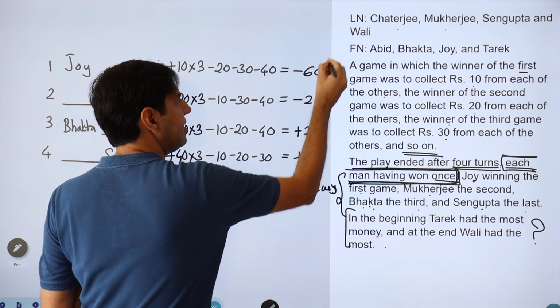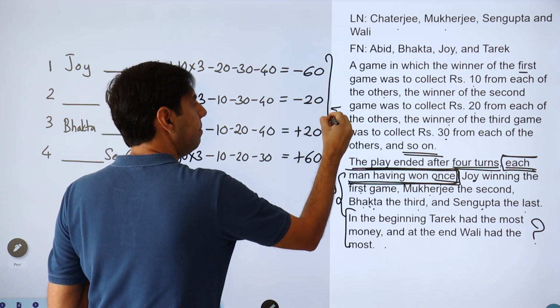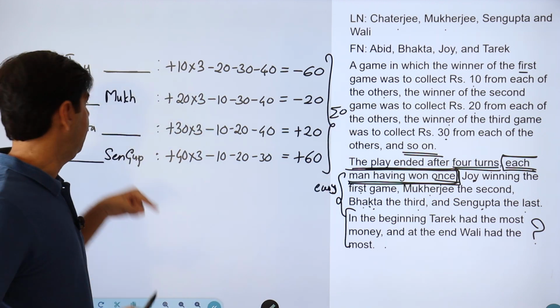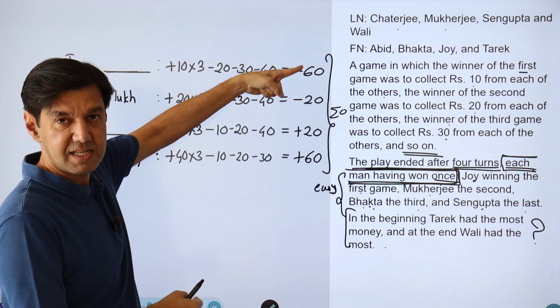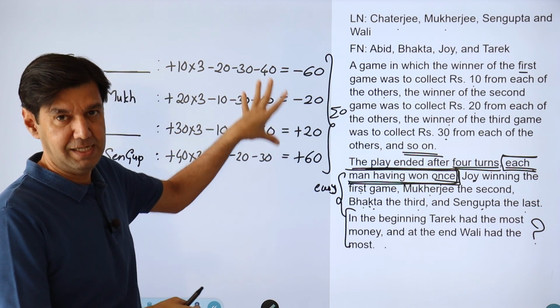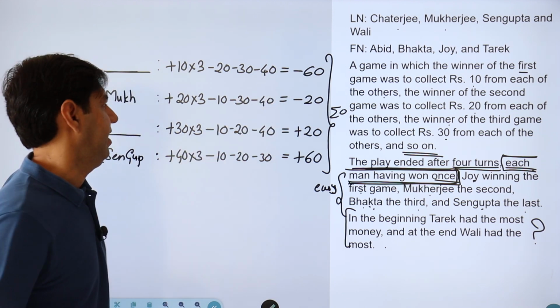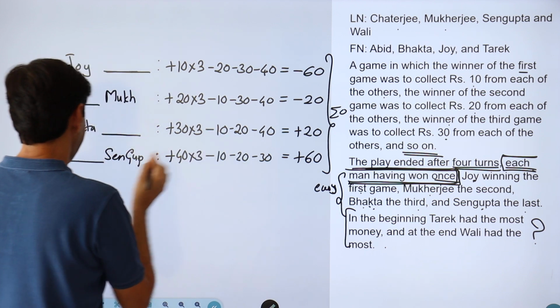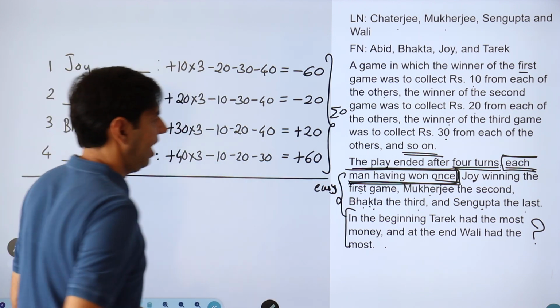And it's no surprise that the sum of these is 0, because the money is only distributed amongst the 4. Whatever someone has lost, someone has to gain. That kind of an idea. So that means I have not made any errors here. So this is what we have, a simple state.